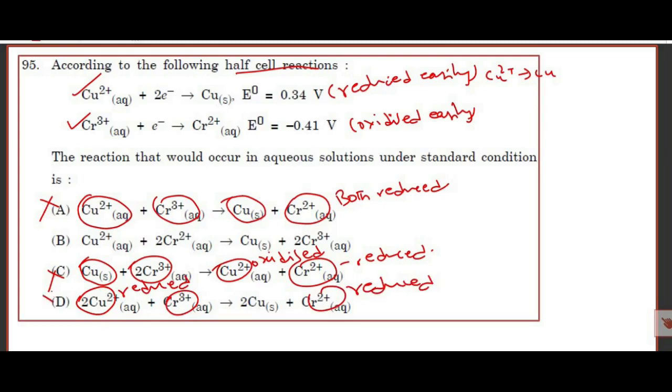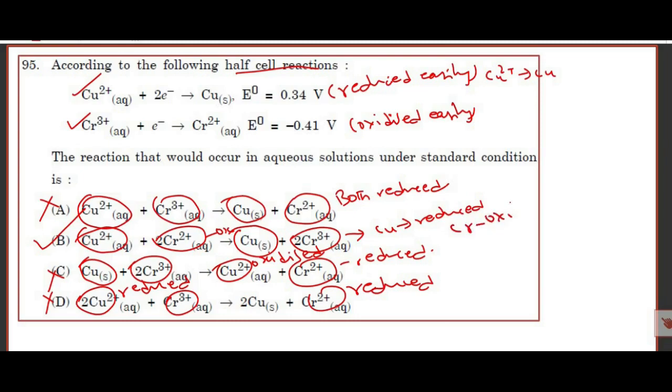Hence, D is also ruled out. You take B. B is the correct answer, where Cu2 plus is reduced to Cu and chromium is oxidized to Cr3 plus. So in option B, copper is reduced, chromium is oxidized.